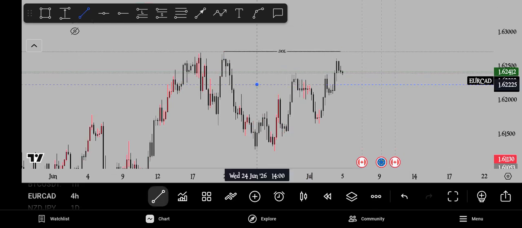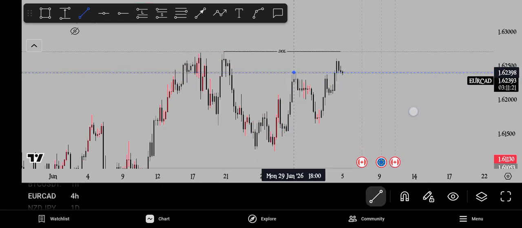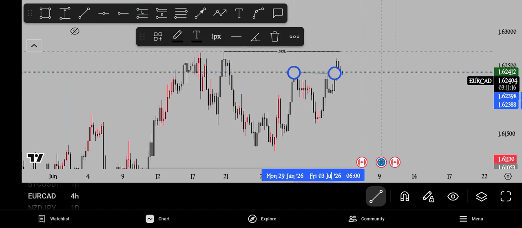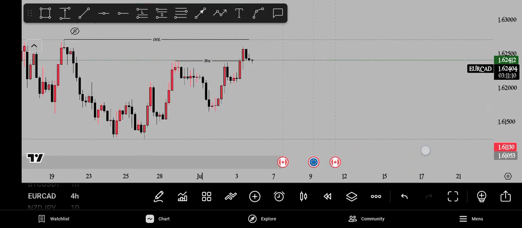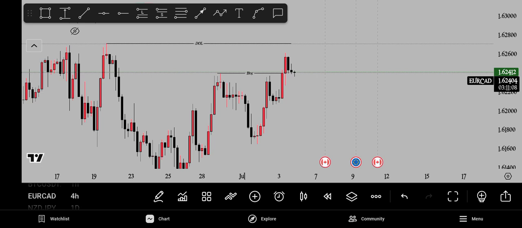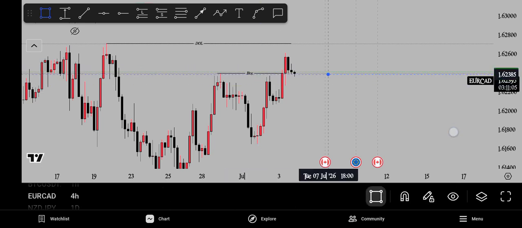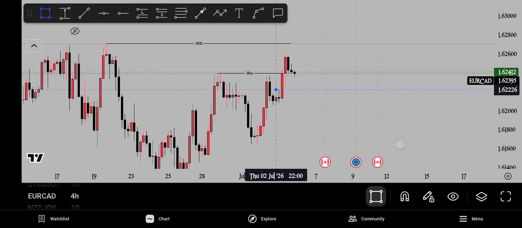And if you notice, this one has broken structure to the upside. From the internal structure, we have this demand.